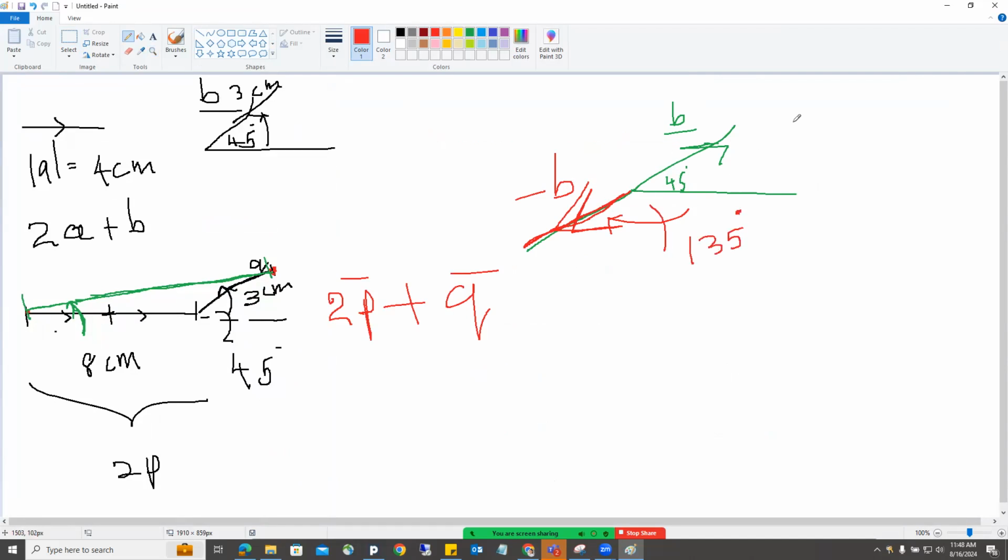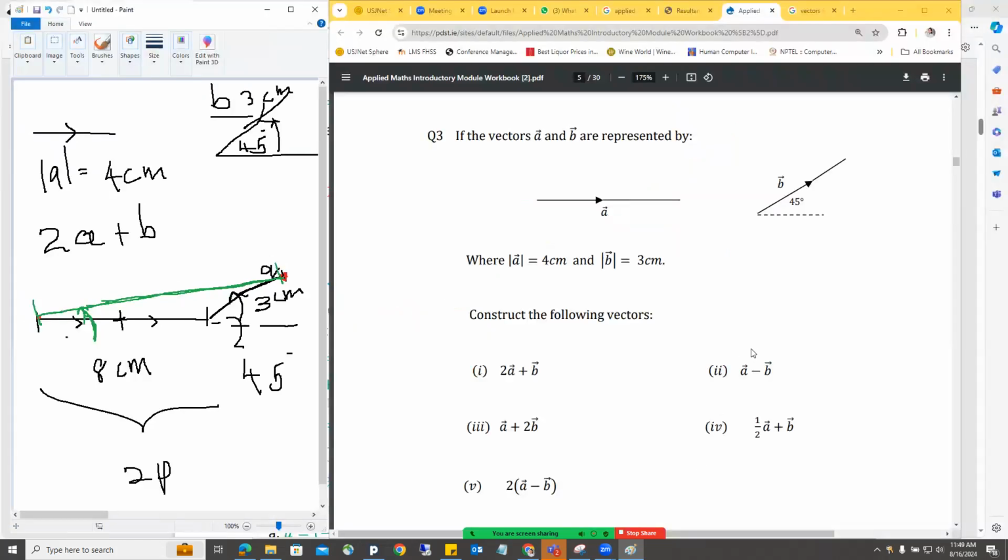The opposite direction with the same length. Is it clear? Okay, yeah. Do one. That is A minus B.